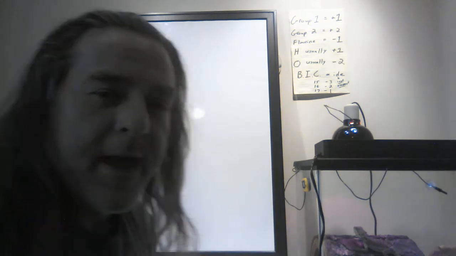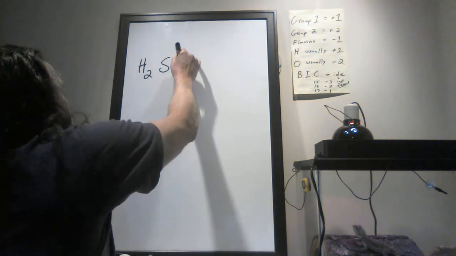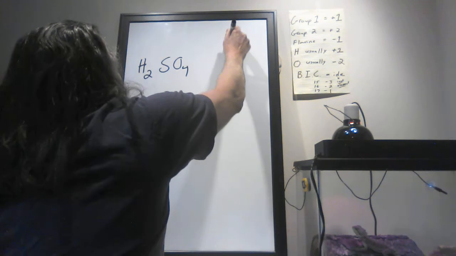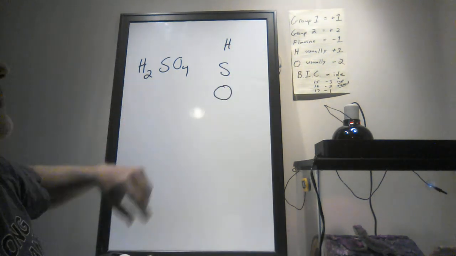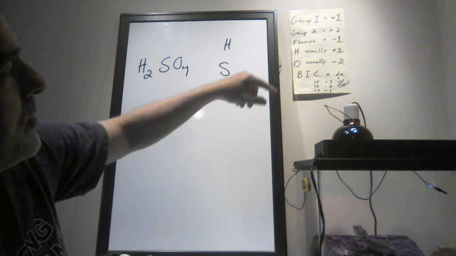All right, hopefully by now you've unpaused, and I'm going to start solving the last set. First one, H2SO4. You have H, S, and O. H and O have rules. They're down kind of low, right?